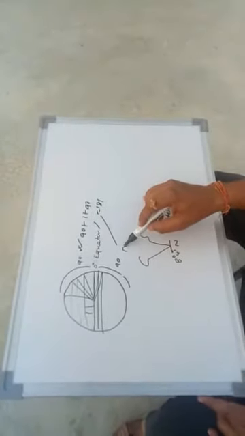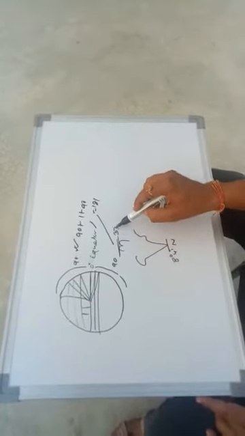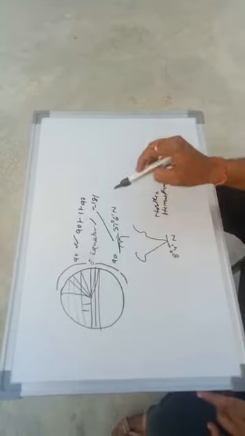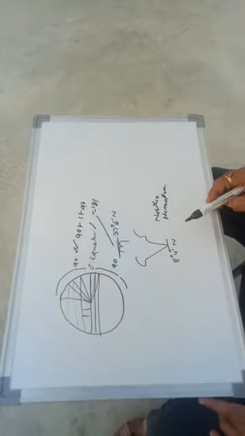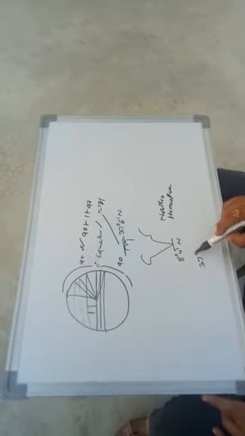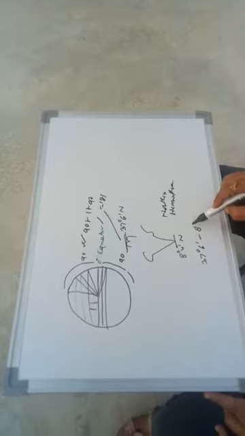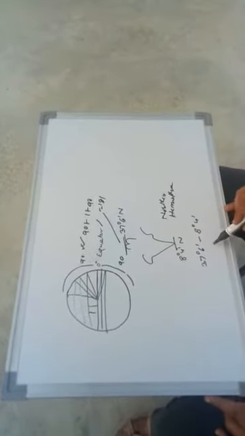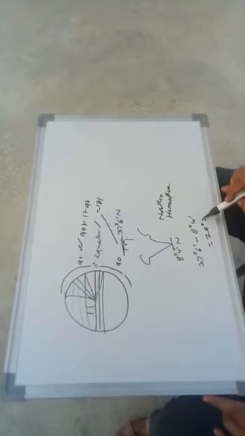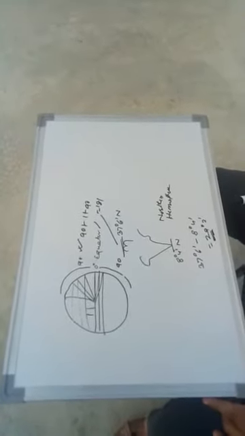The northernmost point comes as 37 degree 6 minute north. If we calculate the difference, 37 degree 6 minute minus 8 degree 4 minute, it comes to 29 degree 2 minute. Almost 29 degree.